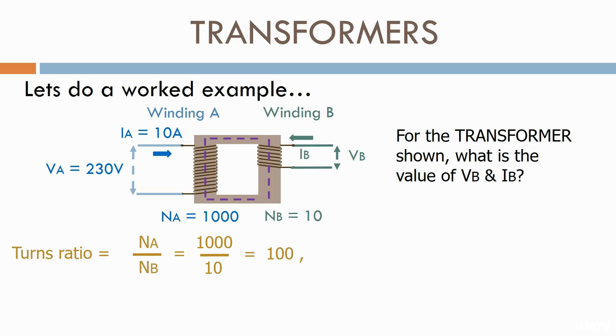This equals 100. Therefore, VA over VB equals the transformer turns ratio equals 100. Therefore, VB equals 230, which is the voltage on winding A, divided by the turns ratio, which is 100. Therefore, VB equals 2.3 volts.